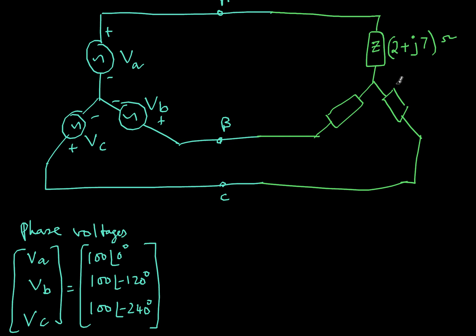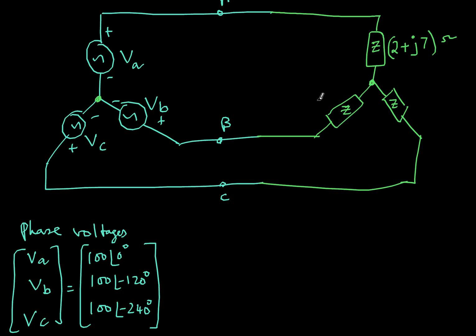This is ZA, this is ZB and ZC. Instead of ABC, let me call it Z for all. Since this is balanced, there won't be any neutral wire needed, and even if it is there, in a balanced circuit the neutral current will be 0.